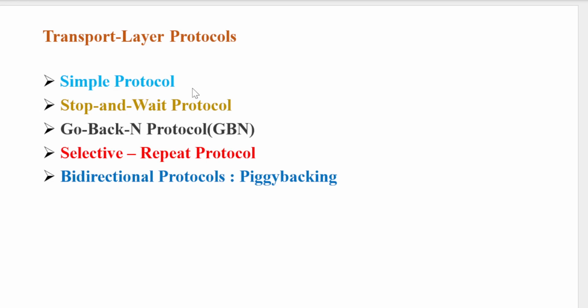But in the selective repeat protocol, if one packet of the sliding window is corrupted, the remaining are transferred as they are, and only the corrupted part and the next sliding window will be transferred, instead of transferring the entire data again and again. That's the slight difference. And finally the bidirectional protocol, piggybacking, which is used in real life problems.